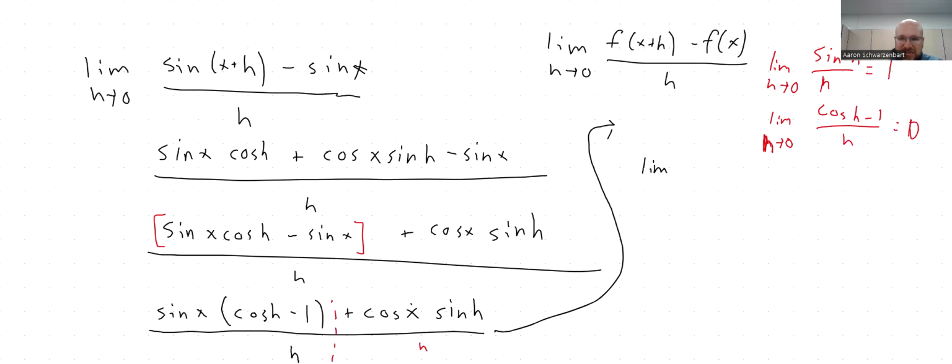So I'm going to do limit of sine x, these are all as h approaches 0, times limit. And I can do this with limits. I can take all the limits separately of things that I'm multiplying or adding.